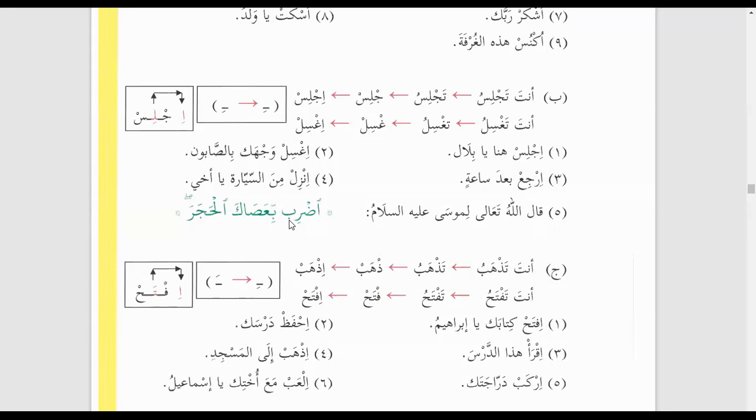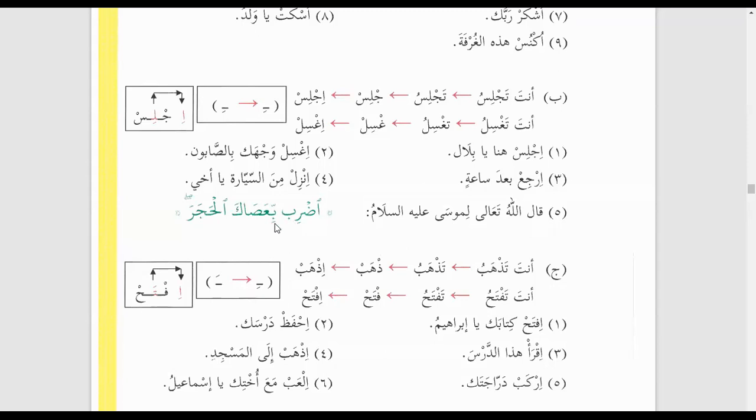Will do, sir. It's merging with the ba, so it is already connected with ba, sir. Okay, we will not. Yes, it's called idgham mutajanisain, the idgham of letters which are from the same root, from the same madda.